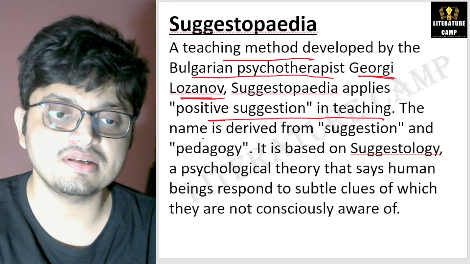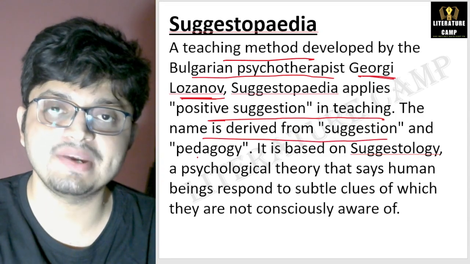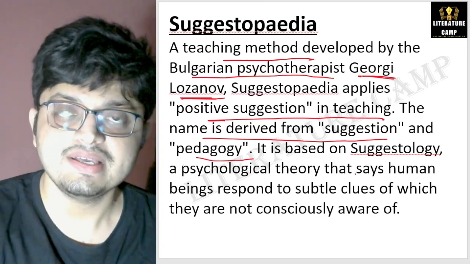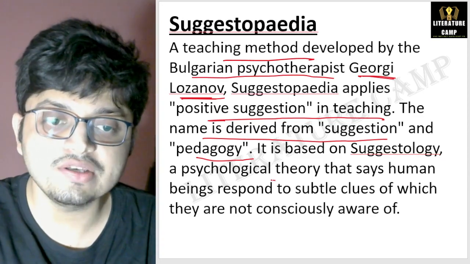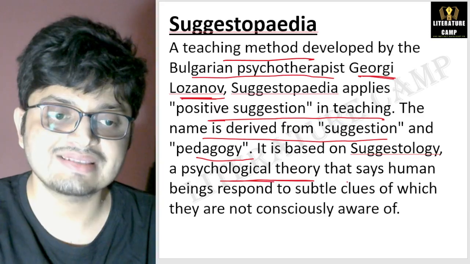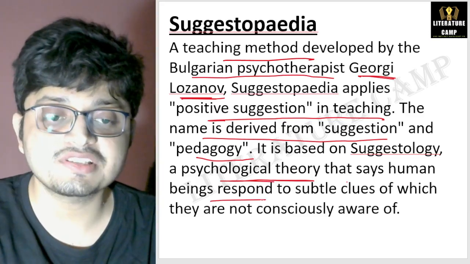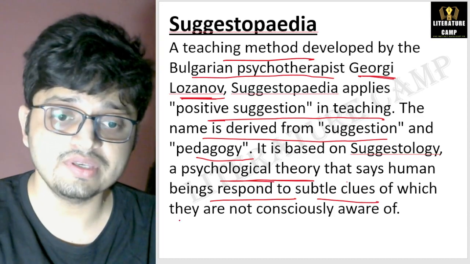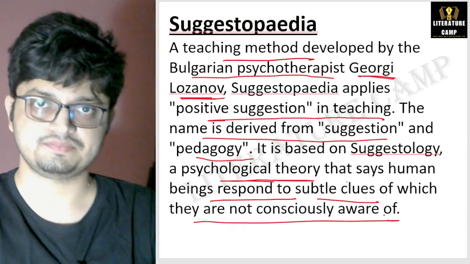The name is derived from suggestion and pedagogy. It is based on suggestology, a psychological theory that says that human beings respond to subtle clues of which they are not consciously aware.